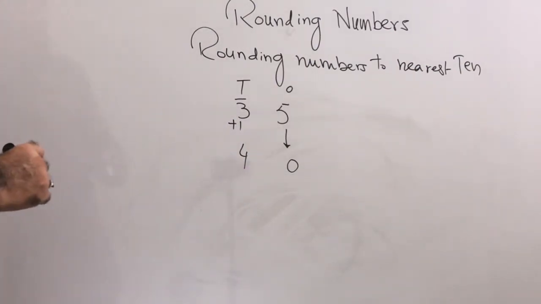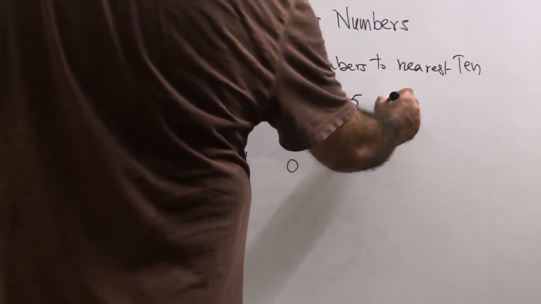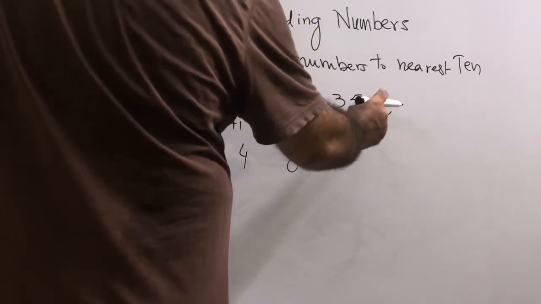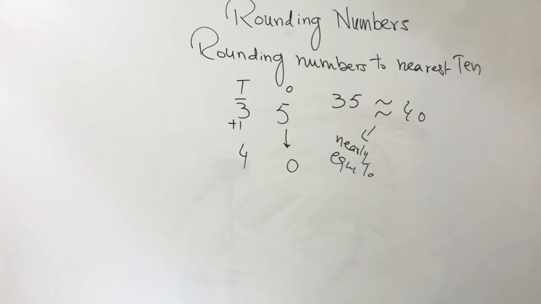So 35 becomes 40 after rounding. We write it like this: 35, this is a symbol for rounding, it means nearly equal to 40. So we have told you that $35 becomes 40 after rounding to the nearest 10.